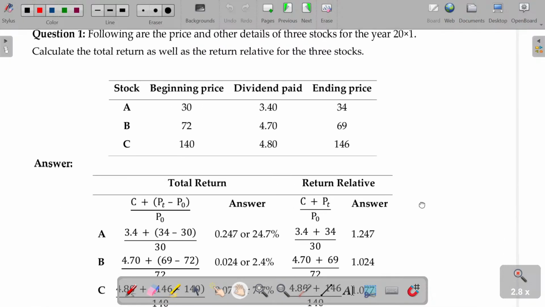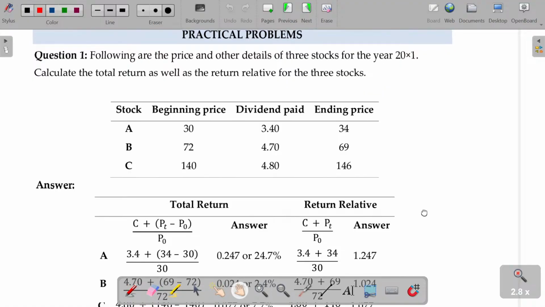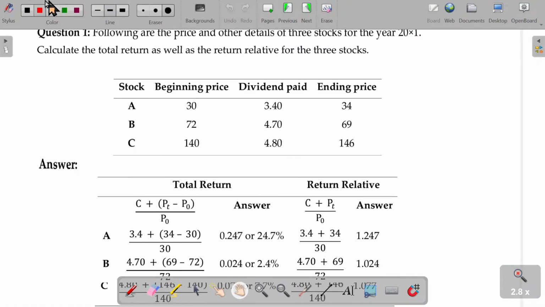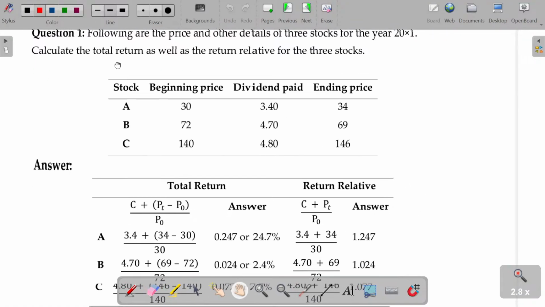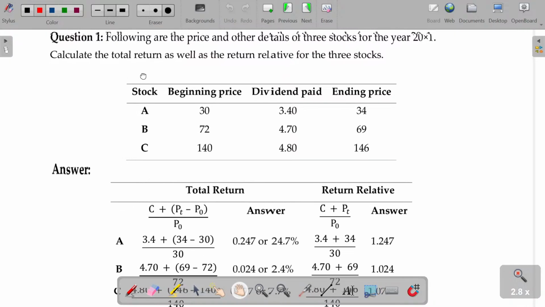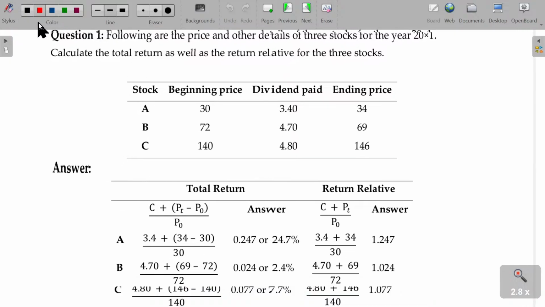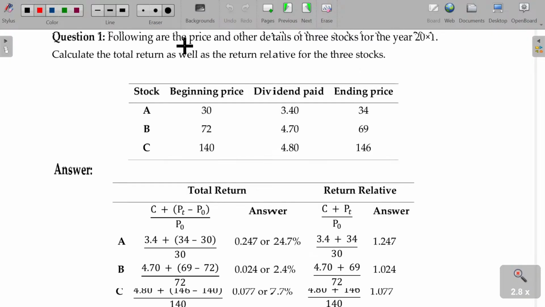Following are the price and other details of 3 stocks for the year 2021. Calculate the total return and return relative.